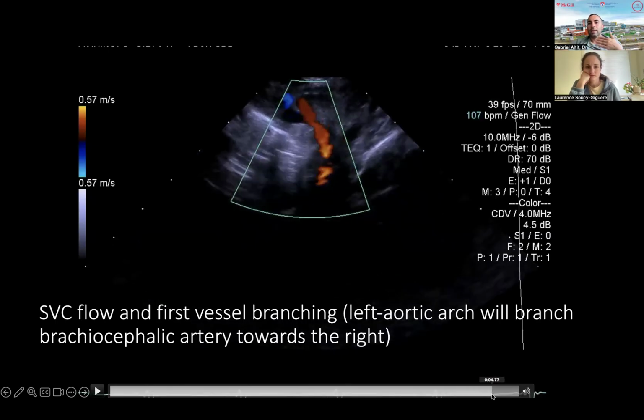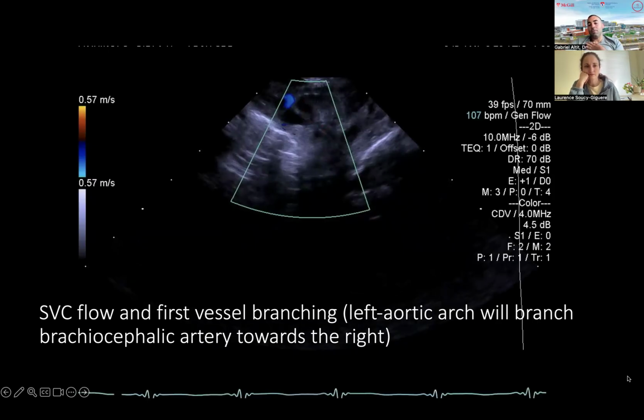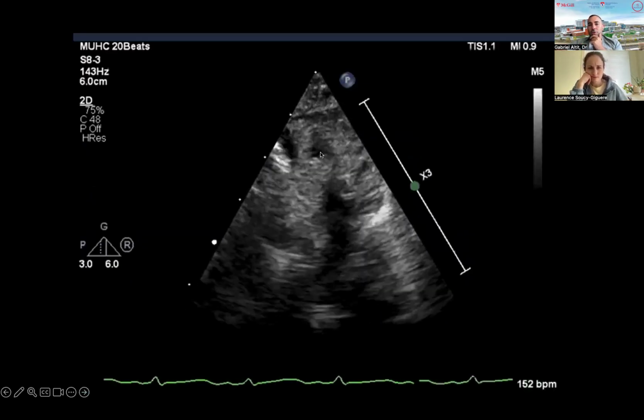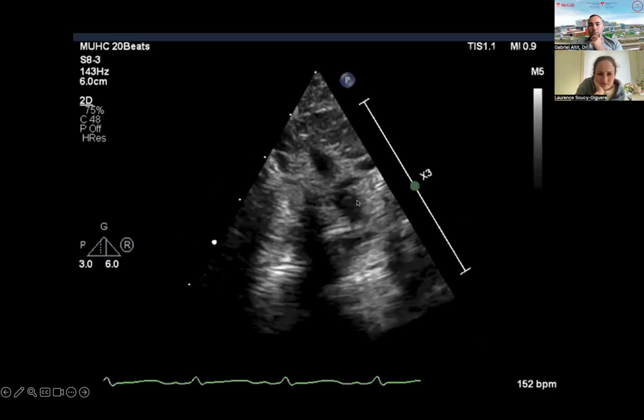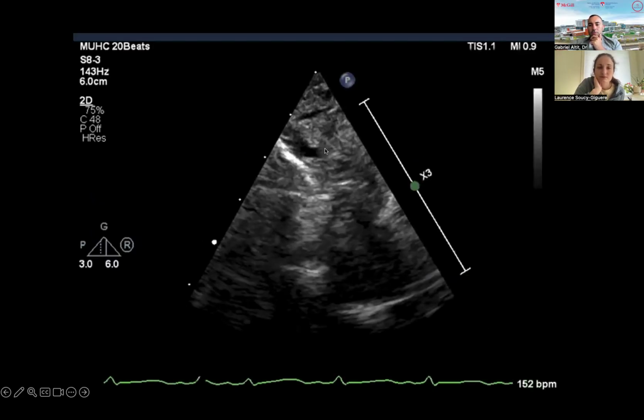And that informs you that you likely have a left-sided arch, because the brachiocephalic trunk divides towards the right side of the body to provide the right-sided subclavian and the right-sided common carotid. Here we've done it in 2D, so your vessel will split here. I'll redo it. Boom, the vessel, follow it, follow it, follow it, 1, 2.